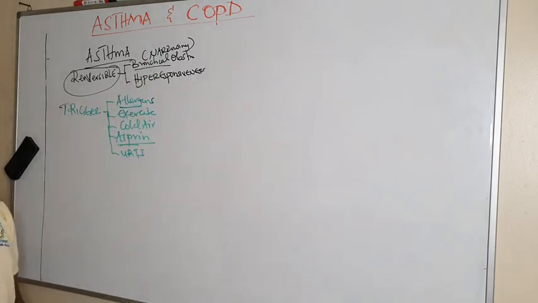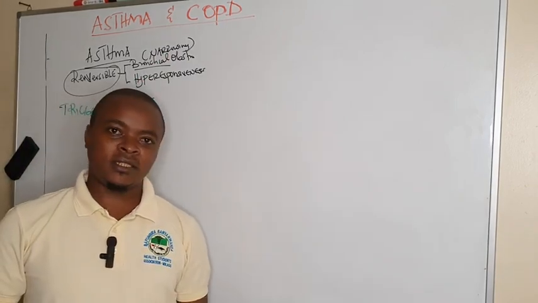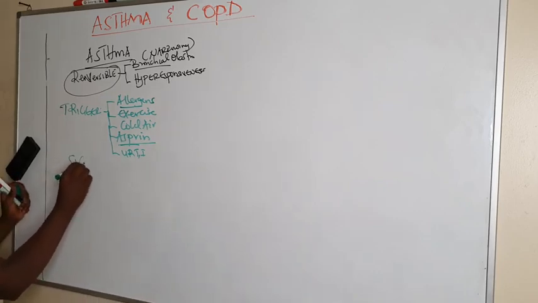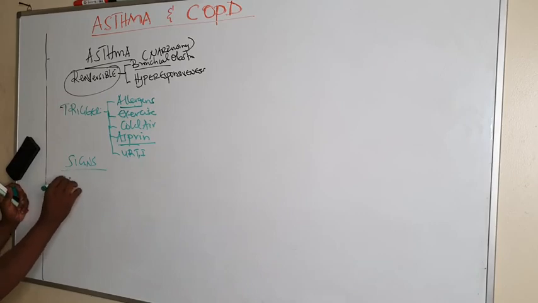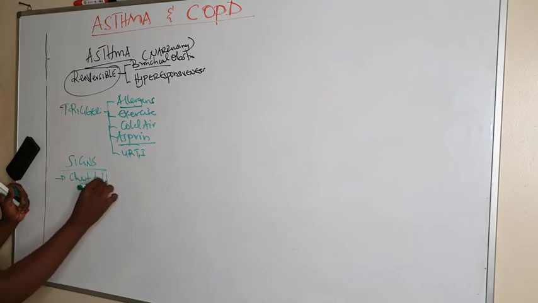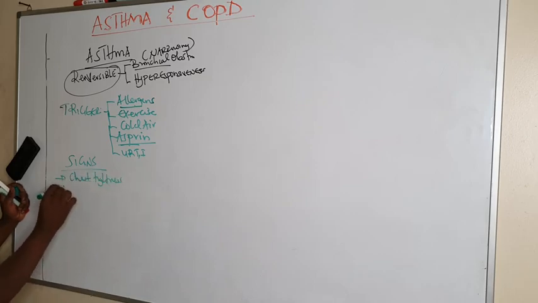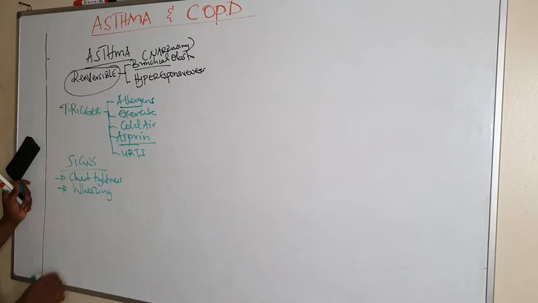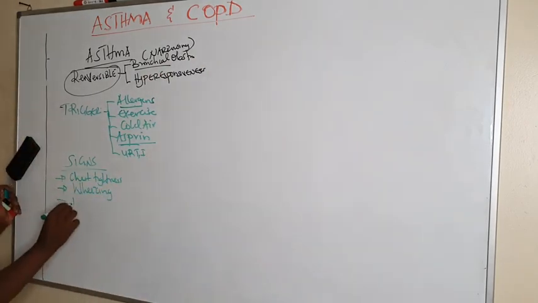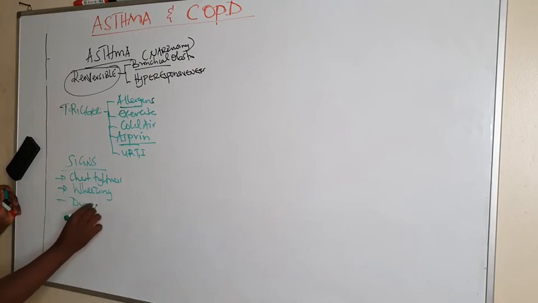And what are the signs? How do you know that someone is having asthma? The signs and symptoms of asthma include chest tightness. We are going to see wheezing, and these signs are both in asthma and COPD. There is wheezing, there is dyspnea. Dyspnea is shortness of breath.